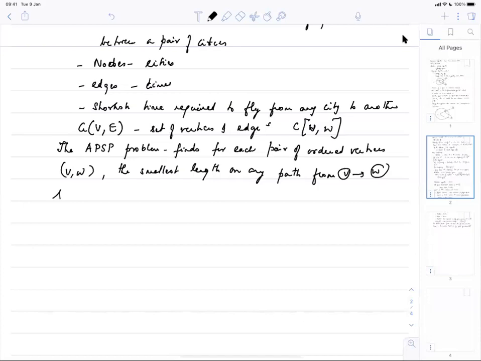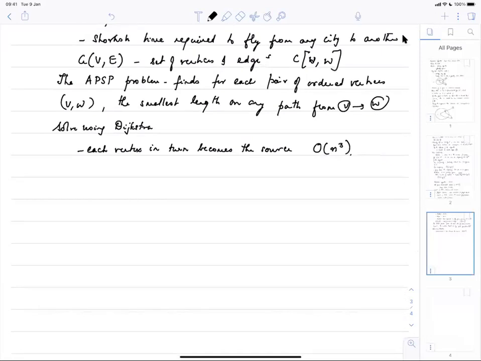So we can solve this problem using Dijkstra, where each vertex in turn becomes the source. And of course, we will have an order n squared log n algorithm.